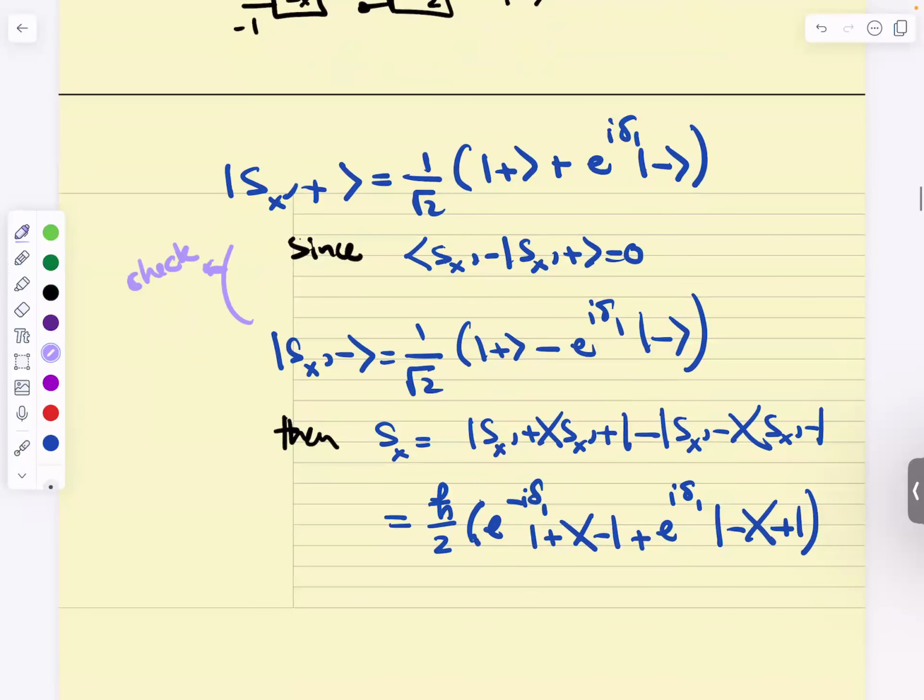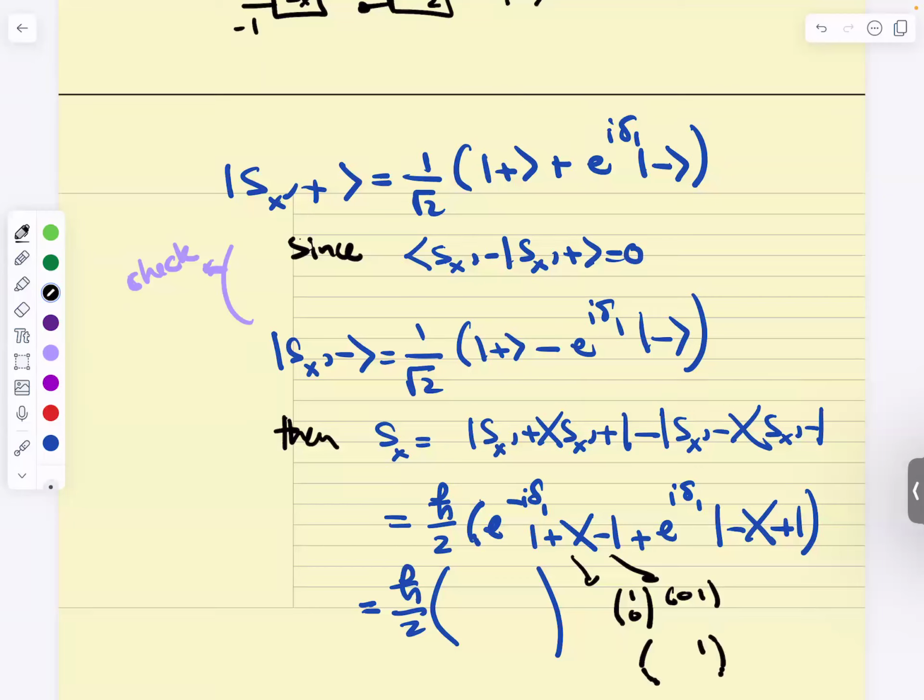Can you tell right away what this matrix is? So this is h bar over 2. Anyone? Can you tell me what this matrix is? Let me work it out. So what is plus? It's 1, 0. What is minus? It's 0, 1. This is an outer product.